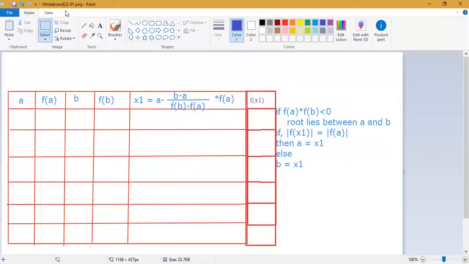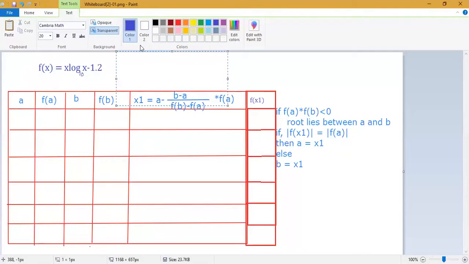It is said that the root lies between a equal to 2 and b equal to 3. Now I will ask you to fill this table by using a calculator.